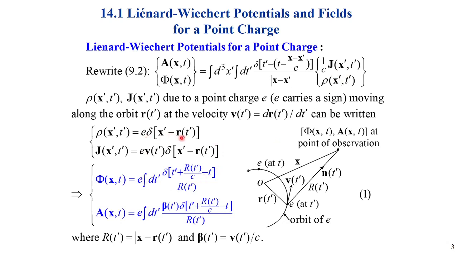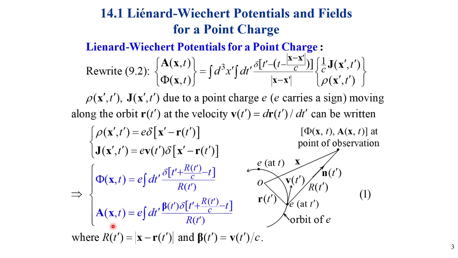And the delta function terms give us 1. So eventually we have x minus x prime. x prime occurs at r, so it becomes the absolute value of x minus r of t prime. Okay, replace this one with this one. Therefore, this one is also replaced with this one. And we can rewrite this equation into t prime plus r over c minus t here.